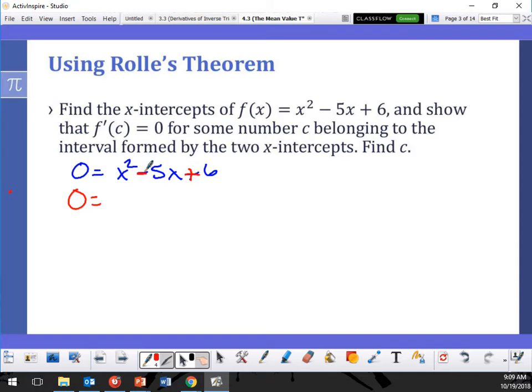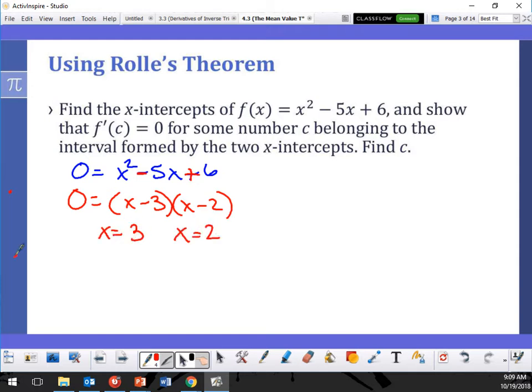So it's going to be x minus 3 and x minus 2, right? Okay, so there's the factoring of that one right there. So in that case, I'm going to have x equals positive 3 and x equals positive 2.